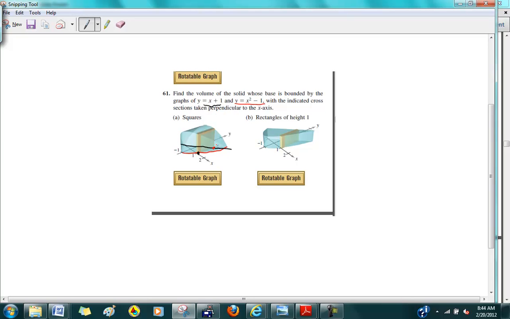And then what you've got is a cross section like so. And so the assumption here is that the cross section is a square, and its width, again it's a wafer, so its width is going to be delta x.